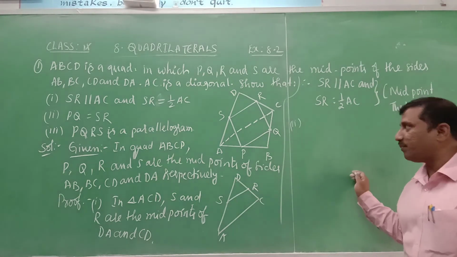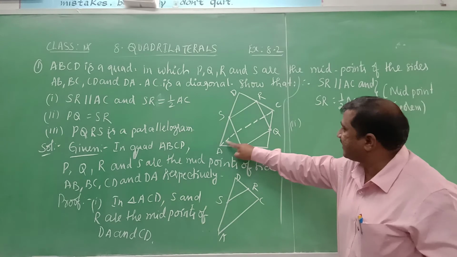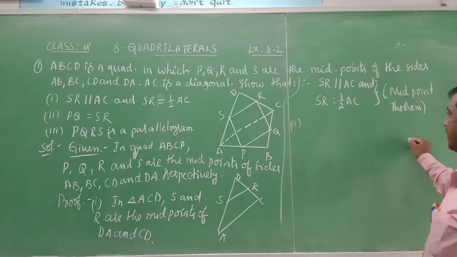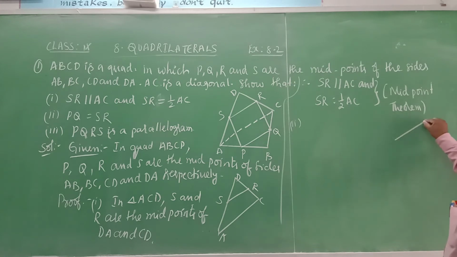For that, consider the second triangle, that is ABC. In this triangle, P is the midpoint of AB and Q is the midpoint of BC. Join these 2 points. Now what about PQ? PQ will be parallel to AC and PQ is half of AC, again by the midpoint theorem.